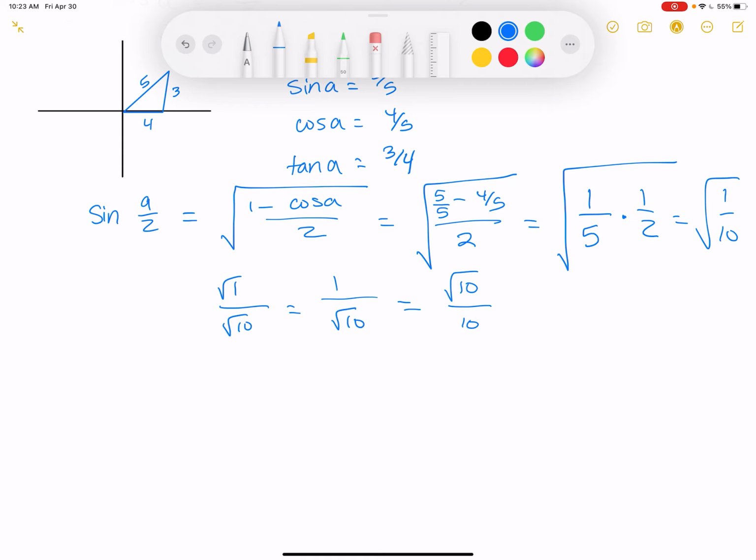You write so fast. I know. Now we do more, right? Yep, we've got to do the cosine of A over 2. Can you turn the warmer down a little bit?